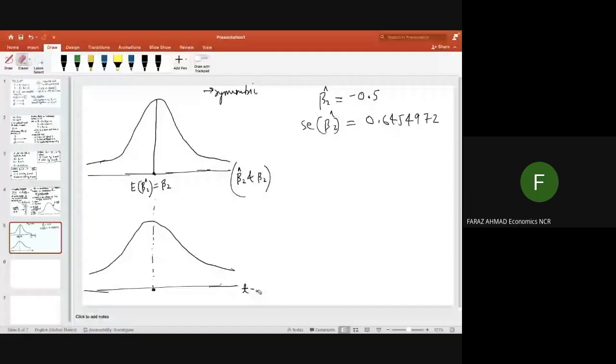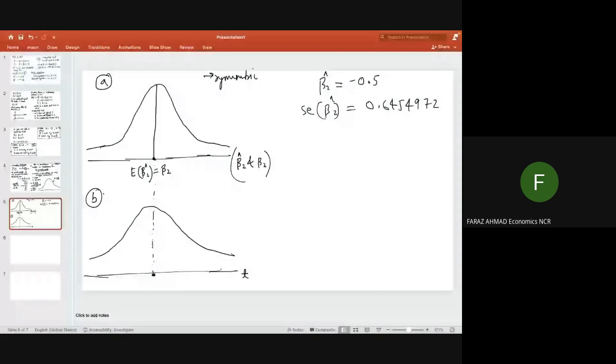So what we do is, coming from beta 2 on the x-axis, we convert it to a T scale, and we convert each value in the above graph to each value in the below graph, right? And the below graph is on a T scale, and the above graph, graph A, we have beta 2 hat and beta 2 value. So that's a scale, right?